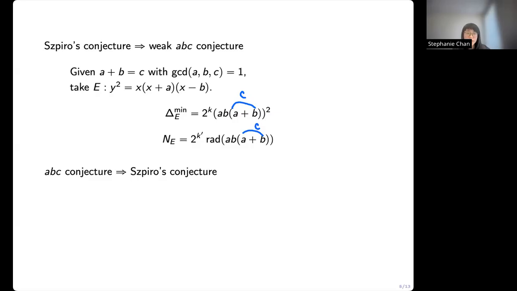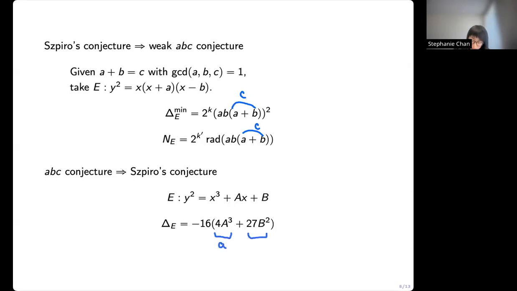So given an elliptic curve in its short Weierstrass model, this is just the discriminant formula that I've stated at the beginning. After clearing the GCD of A and B in some way, you want to impose that this is A and this is B and this whole thing is C in your ABC triple.